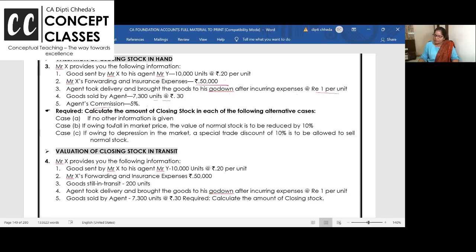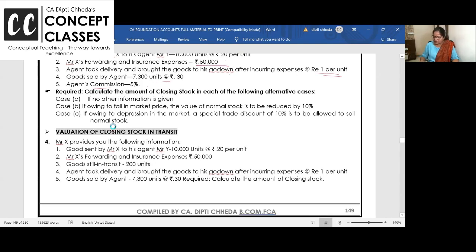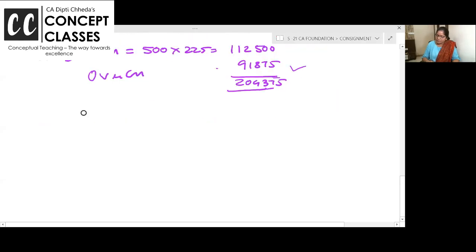Shall we add the expenses of the consignee, because they are incurred till the goods reach the godown of the consignee, so they are non-recurring expense? Answer is yes, definitely we will include. Third problem, only for stock valuation we are doing. Concept of closing stock valuation.